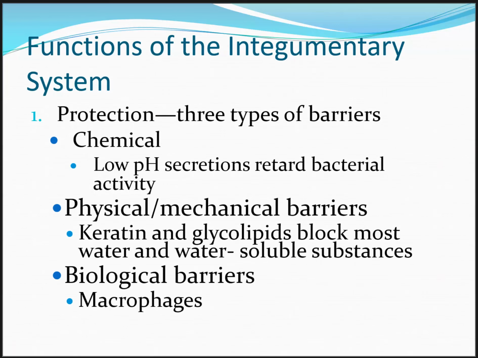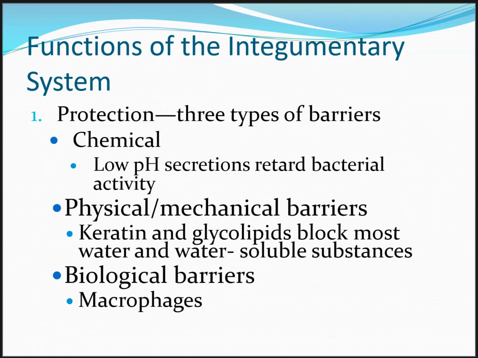So the main functions of the integumentary system include chemical protection. They act as a chemical barrier. So the low pH secretion from the sebaceous glands helps in lowering the pH of the skin, and at this low pH a lot of bacteria cannot sustain. So this low pH provides a chemical barrier on the skin and prevents our skin from infection.